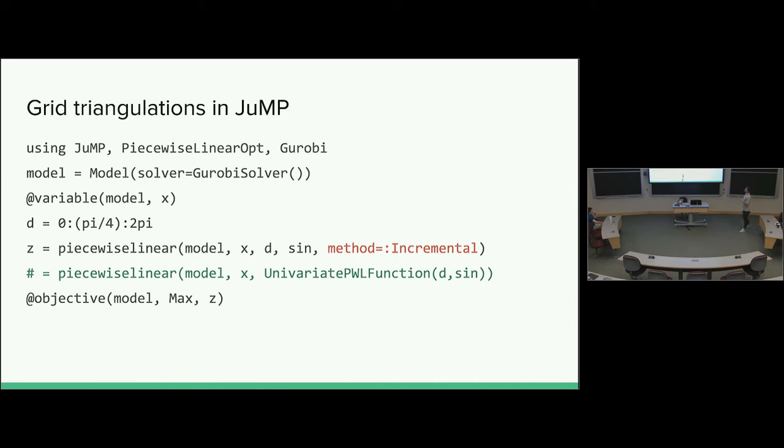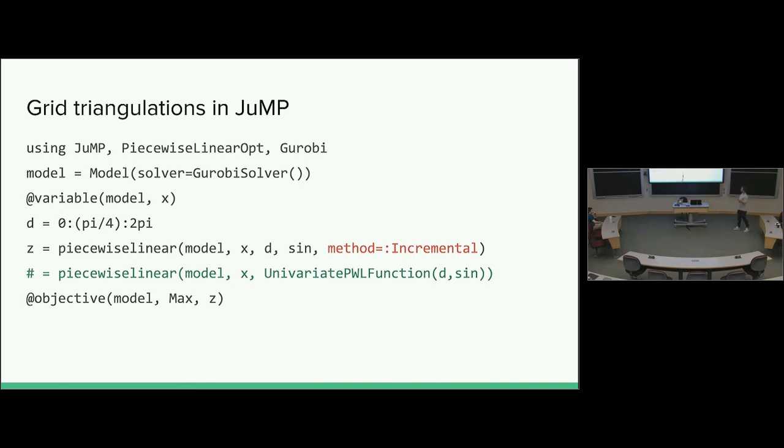And I mentioned that there are 10 different formulations you can try at this point for modeling this, and they all have different computational properties. So, for example, you can specify you want to use the incremental formulation, which is one that works pretty well for smaller problems, in this way. You just pass a keyword argument specifying it to this piecewise linear function.